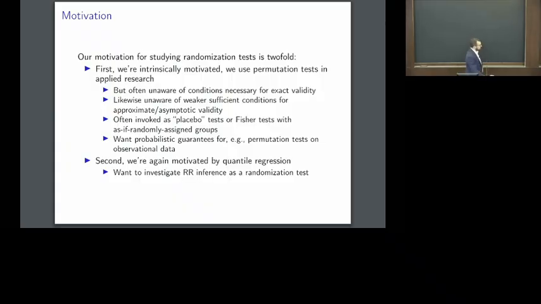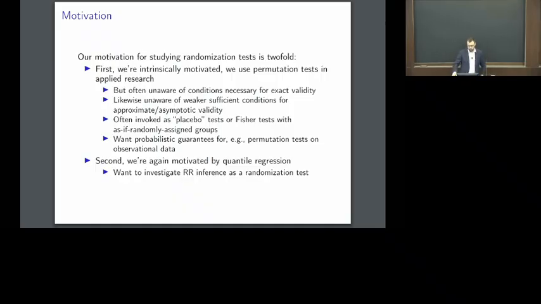So if we're in the business of running, for instance, permutation tests on observational data and we want probabilistic guarantees, then we need to be able to think correctly about randomization inference, and that means having the right notions of the permutation test, the right notions of invariance, and the right notions of conditioning. Clarifying all of that is the goal for today.